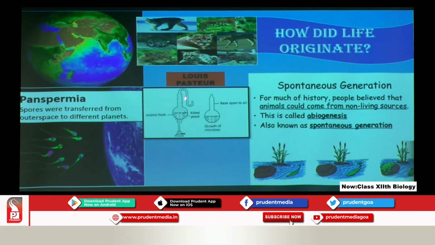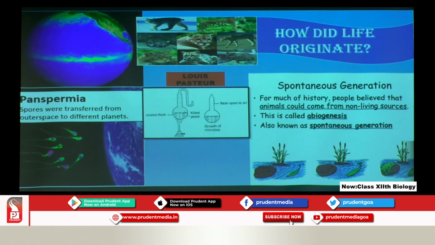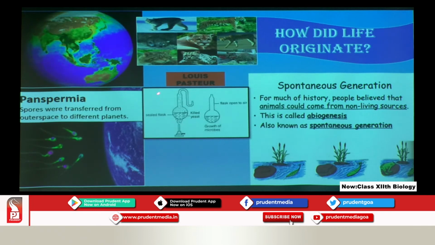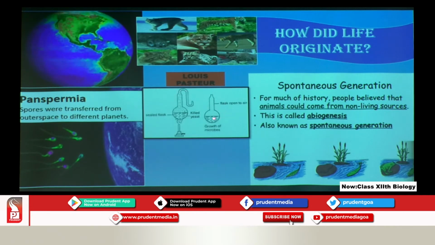And what he found is that most of the microbes got trapped here in the curved end. Now what he did is he cut the tube here, exactly at this position, and this setup was left open.